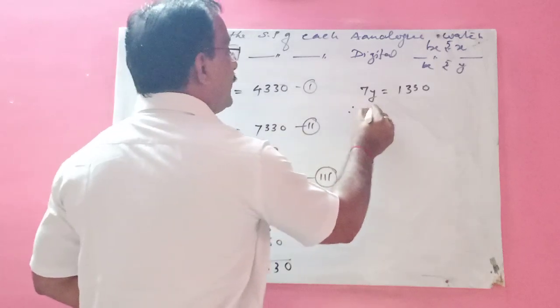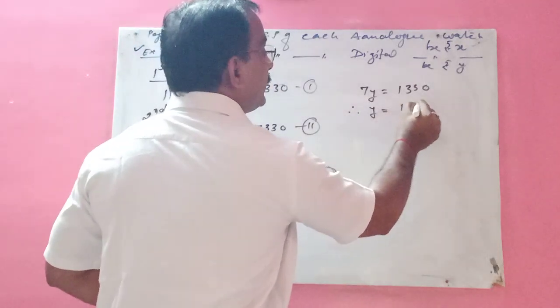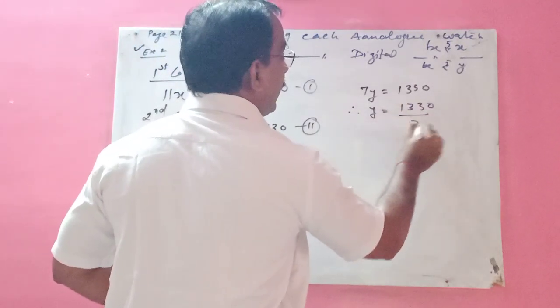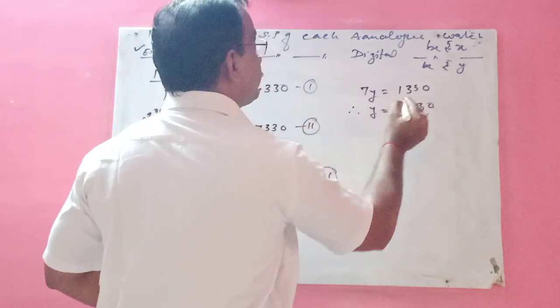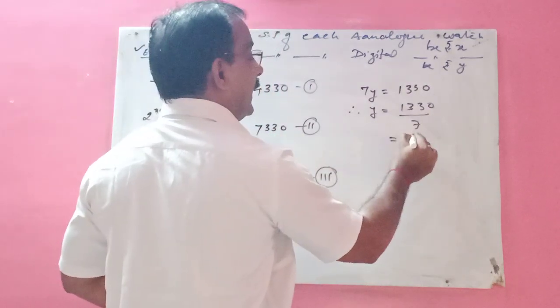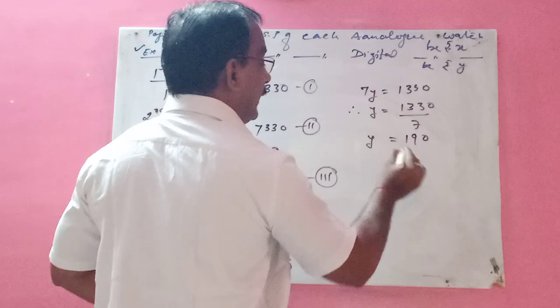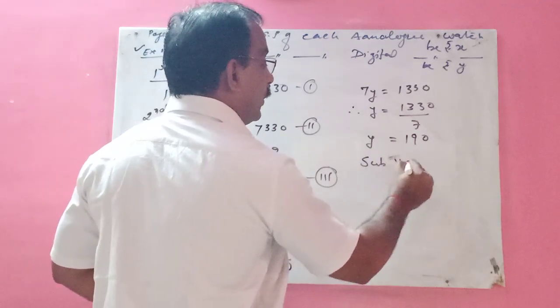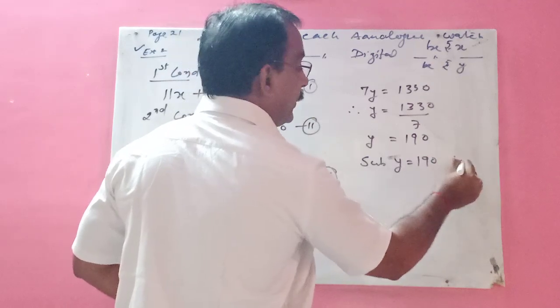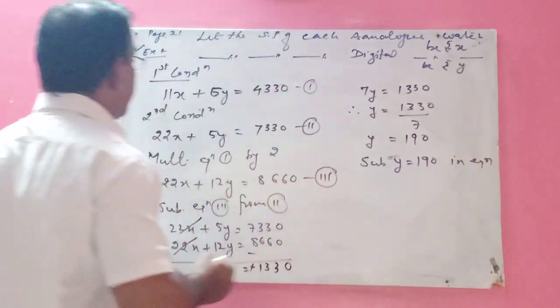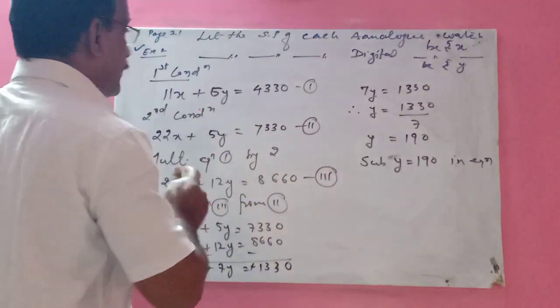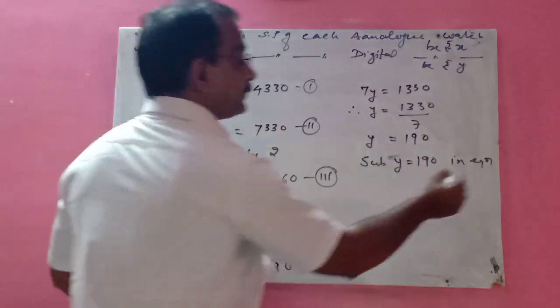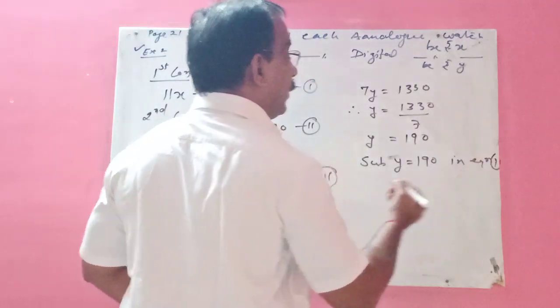And therefore Y is equal to 1,330 upon 7. 7 ones are 7, 7 nines are 63, and so Y is equal to 190. Substitute Y equal to 190 in whichever equation is the easiest. Take the first one, equation number 1.